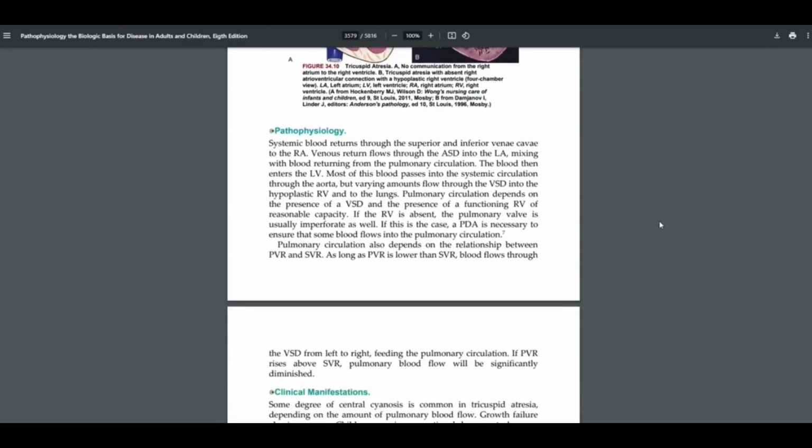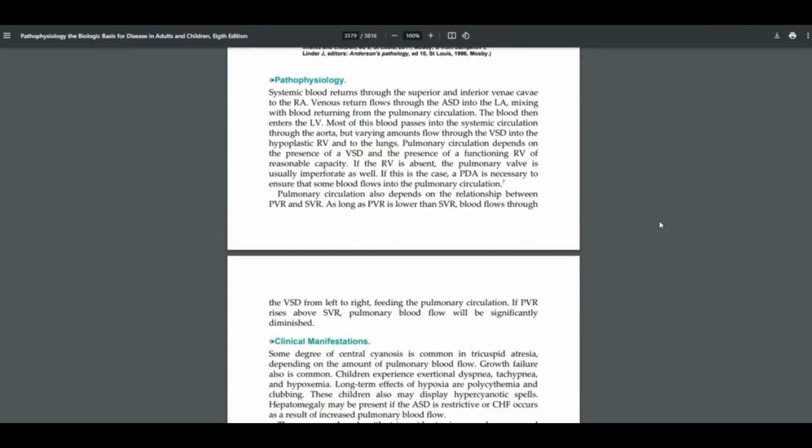So what is our pathophysiology? Well, systemic blood returns through the superior and inferior vena cava to the right atrium. Venous return flows through the ASD into the left atrium, mixing with blood returning from the pulmonary circulation. The blood then enters the left ventricle. Most of this blood passes into the systemic circulation through the aorta, but varying amounts flow through the VSD into the hypoplastic right ventricle and to the lungs.